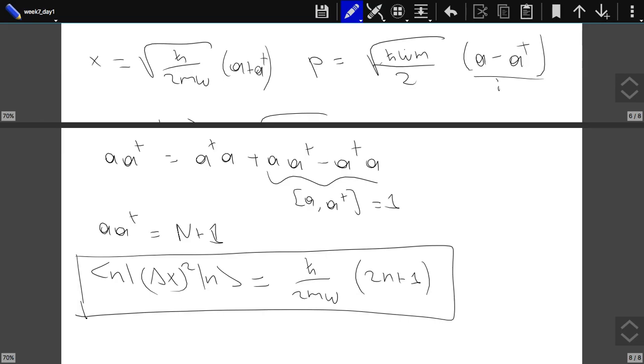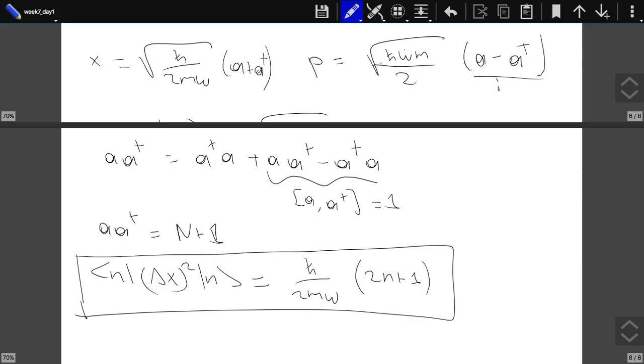You see, the minimum uncertainty in Δx is obtained when n is equal to 0 in my ground state. That's kind of expected if you consider the harmonic oscillator potential. If you have states with small energy, they will be very close to the minimum of the potential, so the spread in Δx will be small. They will not be able to move far away from the minimum energy.